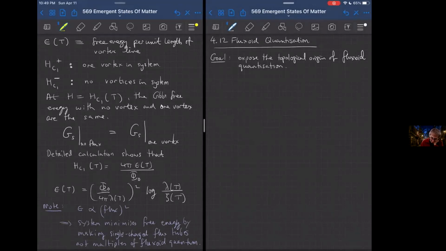And what we're going to do is very analogous to what we did with superfluids, analogous to superfluids in an annulus geometry. So this is going to again be the interplay between geometry and topologically charged currents and so on. Okay, so let's get right to it.